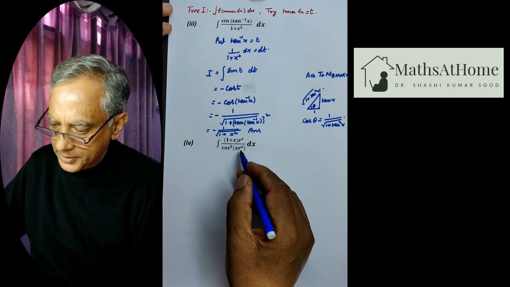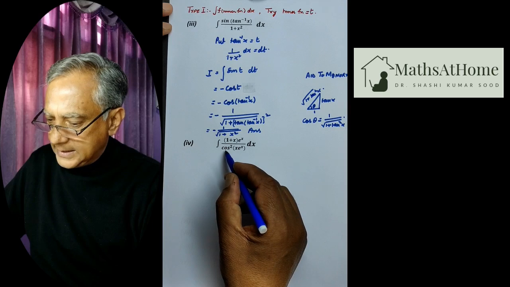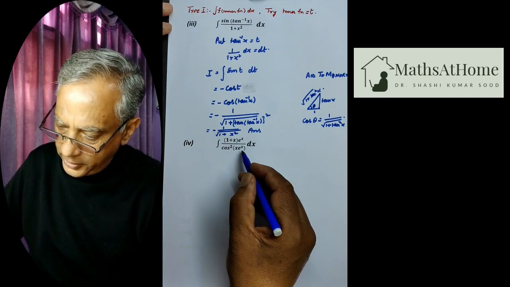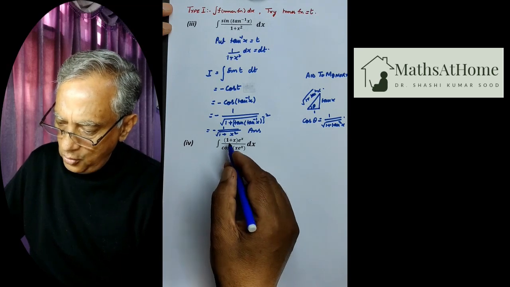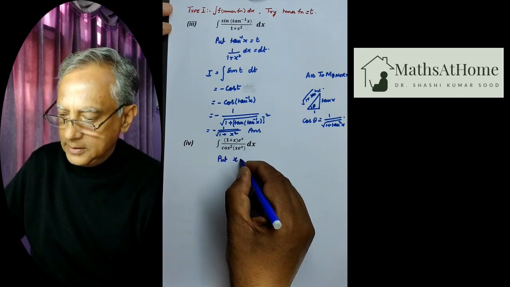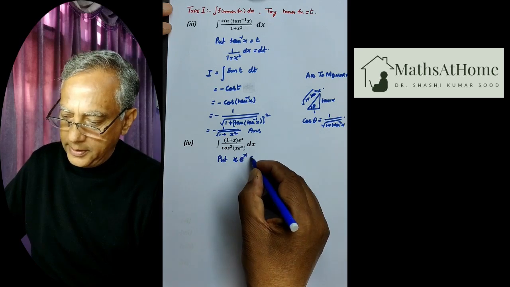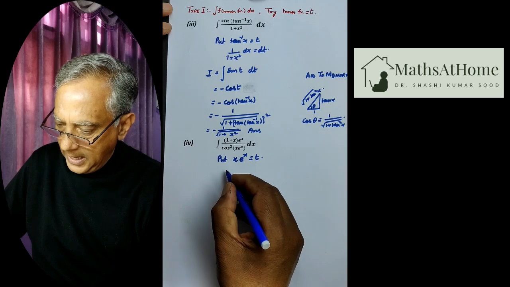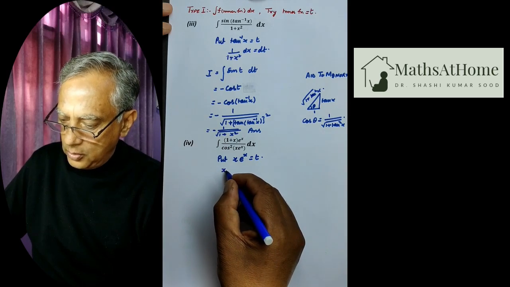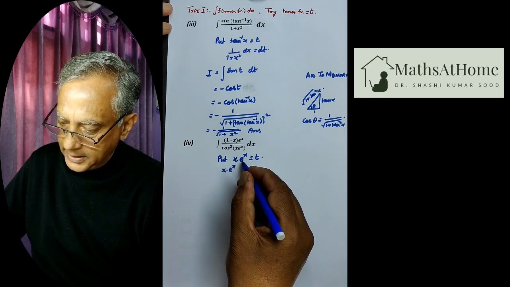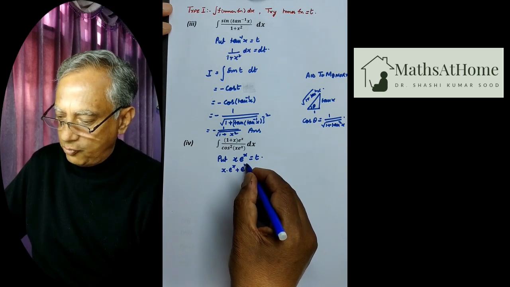Now next is this. Now here inner function is x e^x. Try putting x e^x equal to t. So this will be x into differentiation of this e^x, first function into differentiation of second, plus second function into differentiation of first.